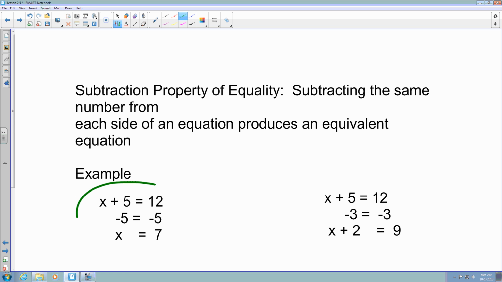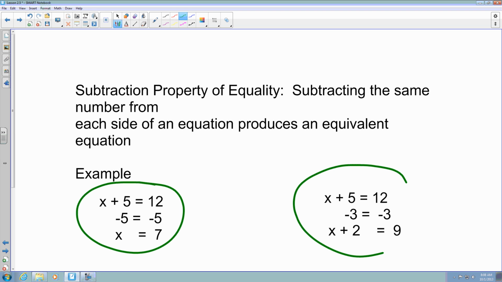This is the example that we just did, and this is an example of what you're not supposed to do, because if you just subtract any random number, then there's still a value on the side of the variable, which does not achieve our goal. So when you are doing this operation, make sure you add or subtract by the same value.